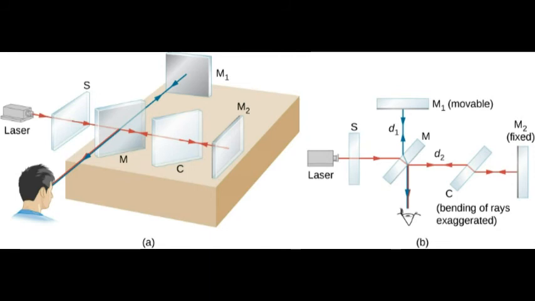Interference takes place when they are reunited, and the detection is by the human eye. Here mirror M2 is fixed and mirror M1 is movable, and it is attached to the object whose dimension is to be measured. This is the concept and working of the Michelson interferometer.